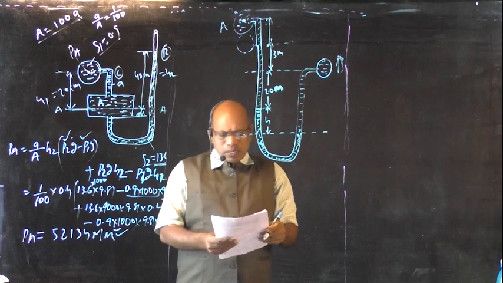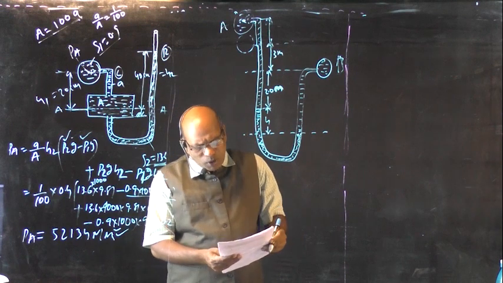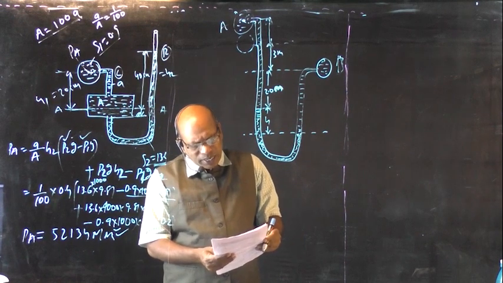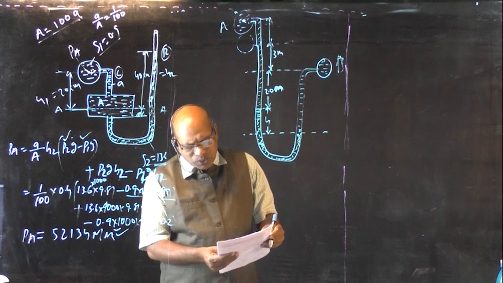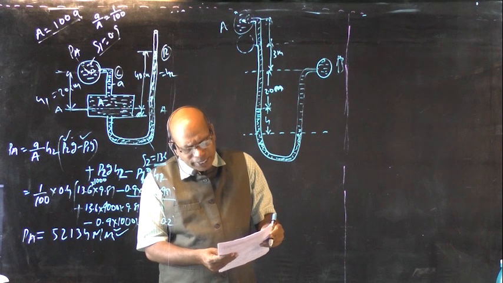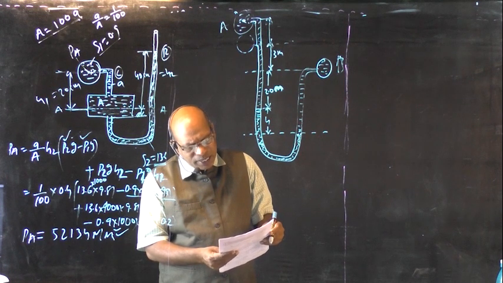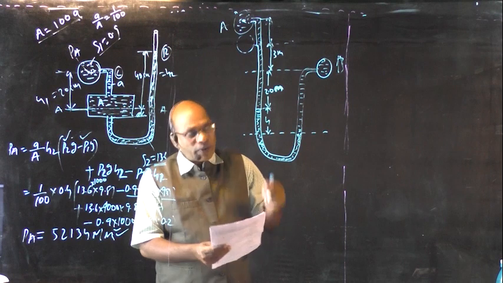Right. Here a differential manometer is connected at 2 points A and B of 2 pipes as shown in the figure. The pipe A contains a liquid of specific gravity 1.5.